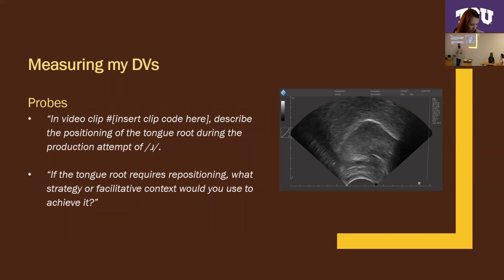We did it one tongue section at a time. So it wasn't that with just one video clip they needed to make an assessment for each tongue section. It was more like, if today is tongue root, you make an assessment on the positioning of the tongue root on the production of that word, and that's it. Then we move on to the next clip. So that's how I measured changes.